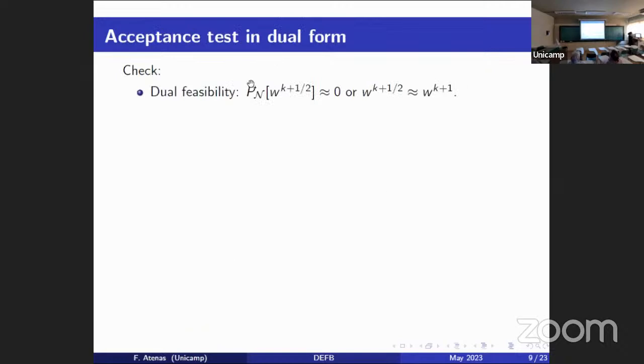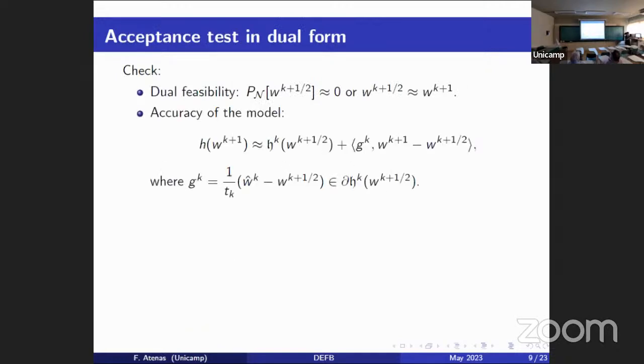As for the acceptance test, as I said, we check two things. One is dual feasibility. So we see if our prox point in the dual space is sufficiently close to its projection to the dual feasible set. And the accuracy of the model is checked through this.